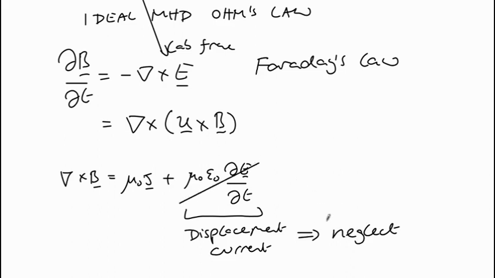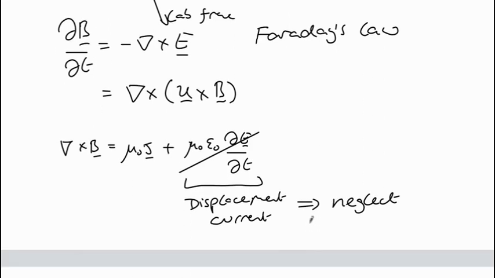And this is only valid for low frequencies. So if you want to study how light waves or how radio waves travel through plasmas, then these equations can't be used, because then this term would be important. But for low frequency phenomena, we can neglect this term, and that essentially takes out light waves. It removes quite a fast wave from the system.